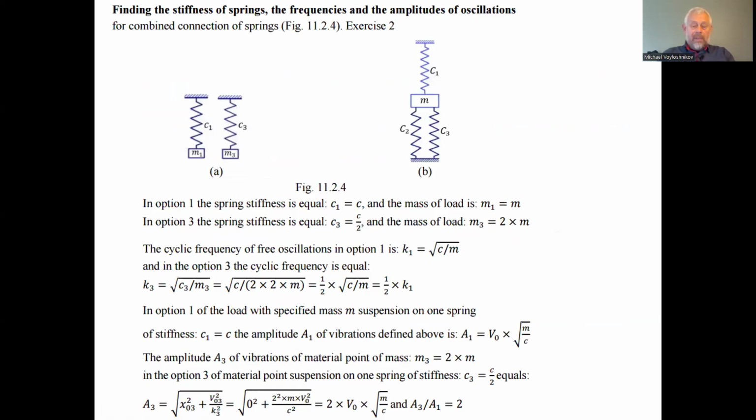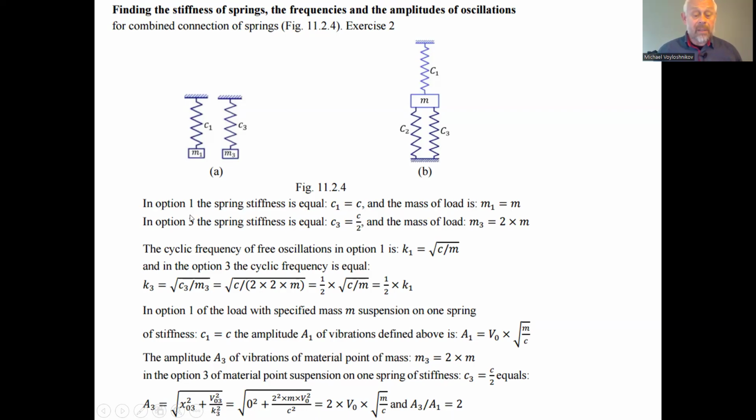Okay, let's consider another exercise. Exercise 3. We have two loads of masses M1 and M2 suspended on springs of stiffness characteristics C1 and C3. In the first option, the spring stiffness is C1 equal to C, and the stiffness C3 equals C divided by 2.